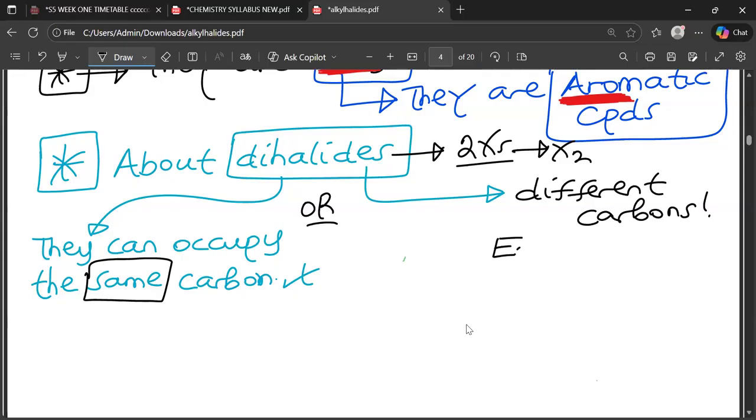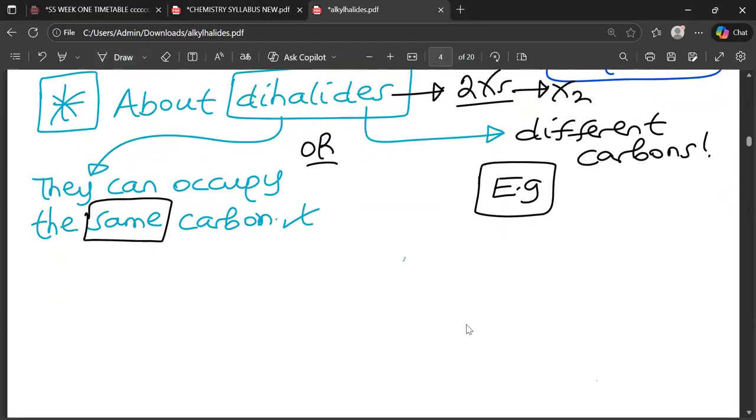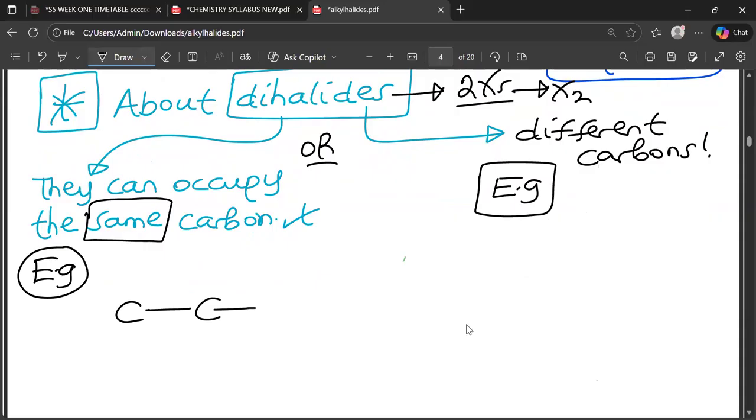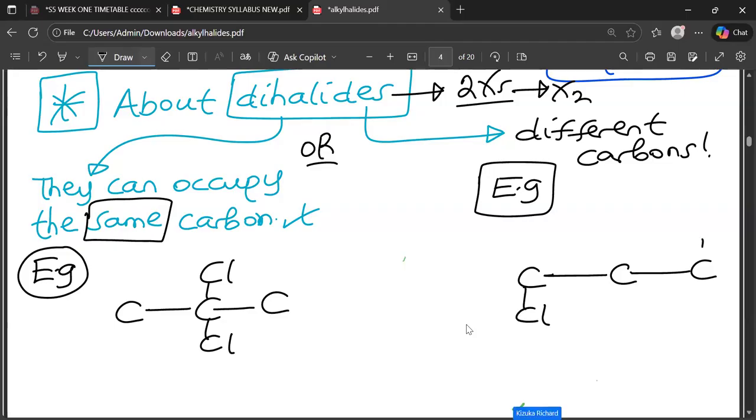I'm going to put here an example, and I'm also going to put here another example. If you're having this chain and also this chain, by same carbon, for example, I put my Cl here, then I also put another Cl here. By different carbons, I mean I put a Cl here and another Cl goes there.